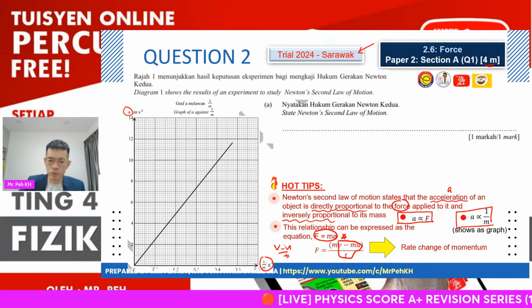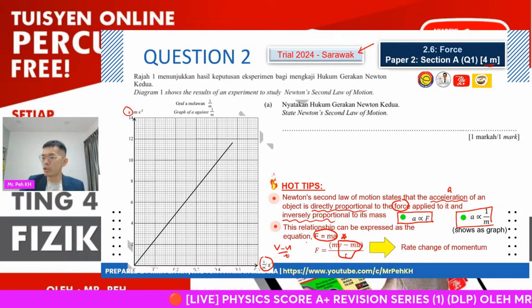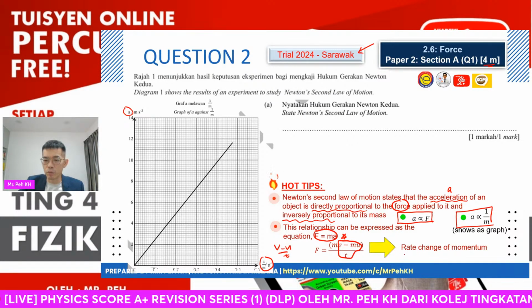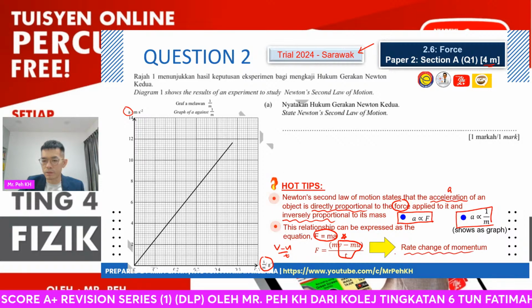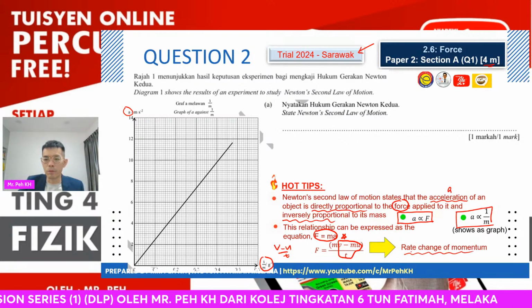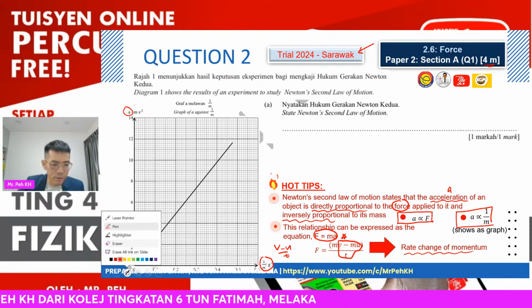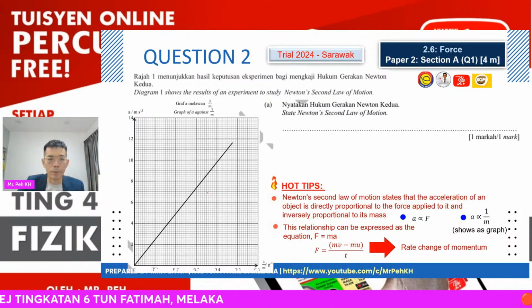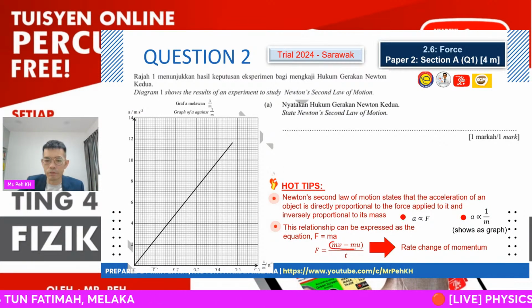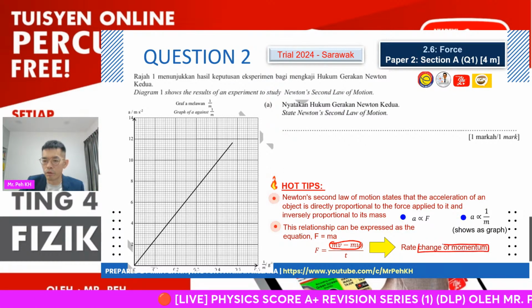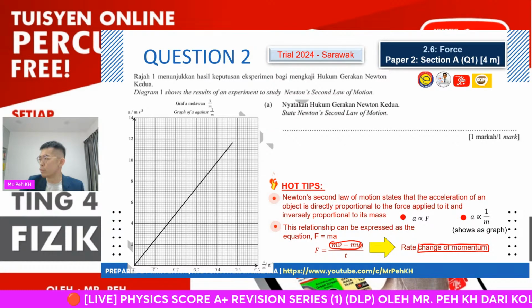This is actually the rate of change of velocity, and this will be the formula for the rate of change of momentum, where the change of momentum formula will be mv minus mu.